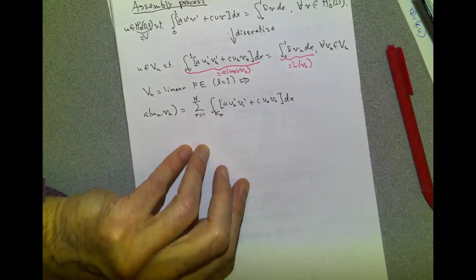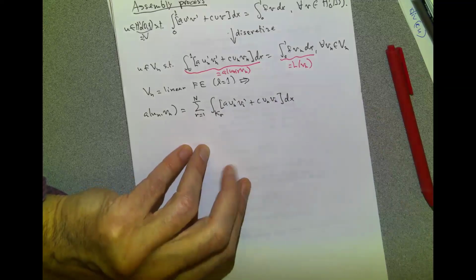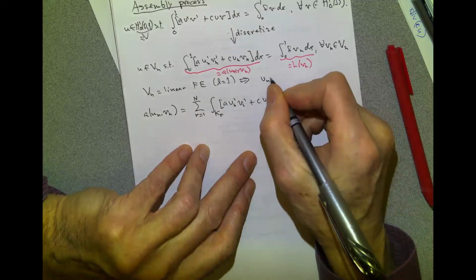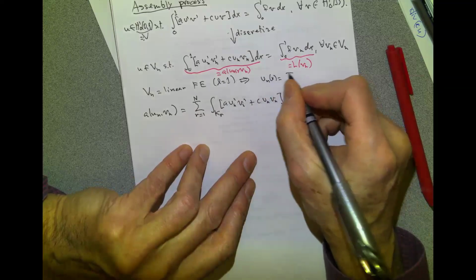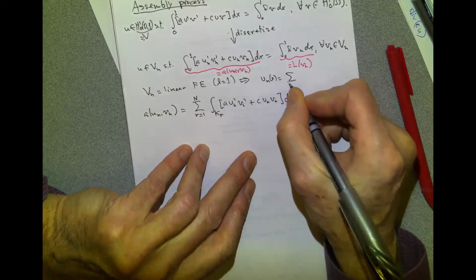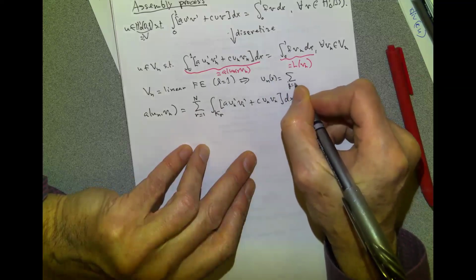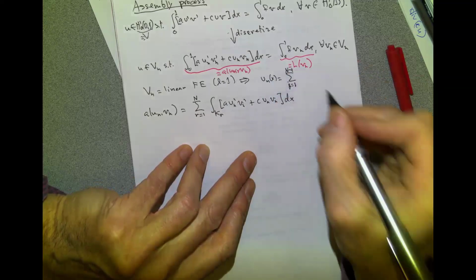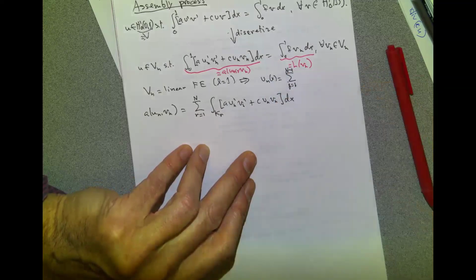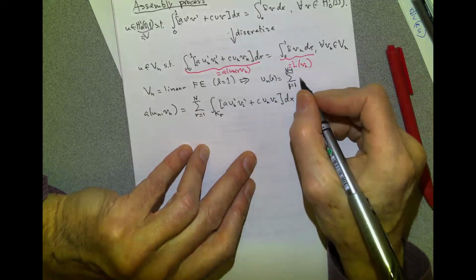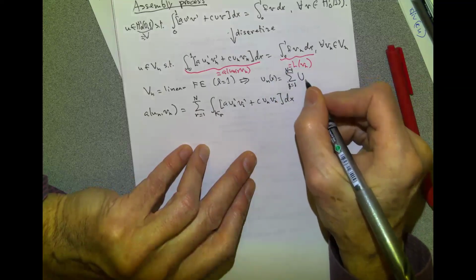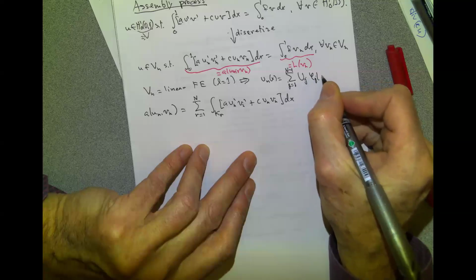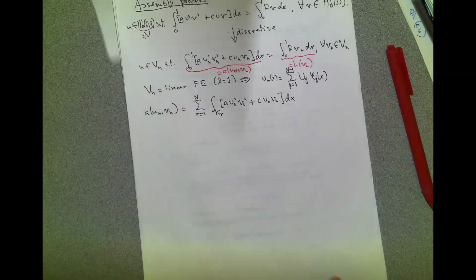Now, I want to keep in mind that uh(x) is equal to the sum for j going from 1 to n minus 1 of what? Because I'm not including the endpoints, because I have Dirichlet boundary condition, of u_j phi_j(x) using the nodal basis in that case.